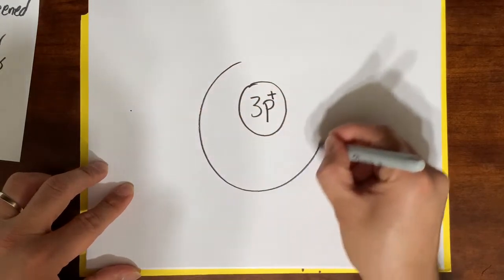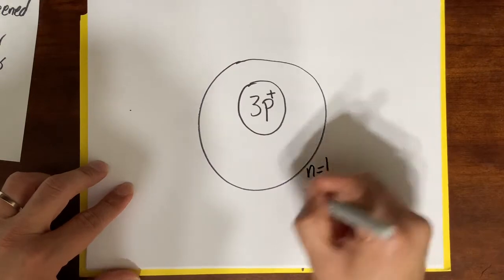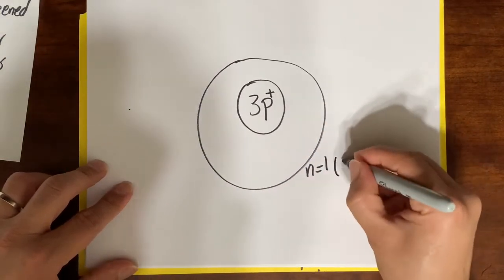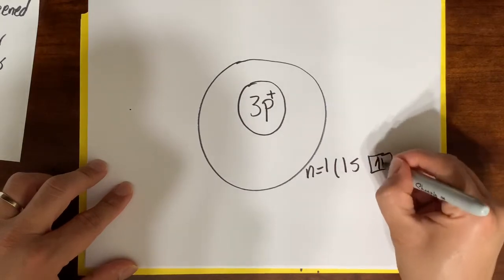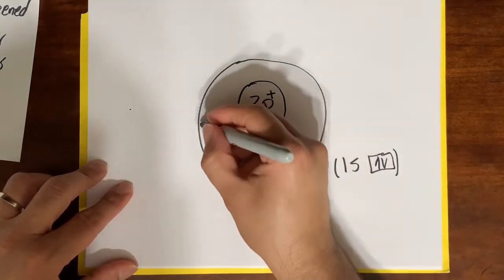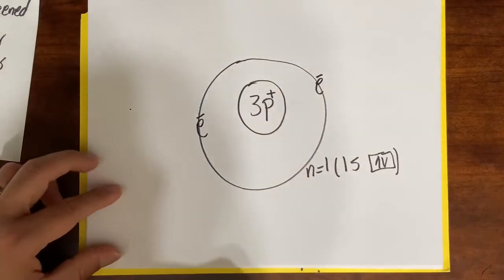At the first level of energy, when n is equal to 1, you can have only one s, and 1s can have 2 electrons. So here is the first electron, and the second electron is there.